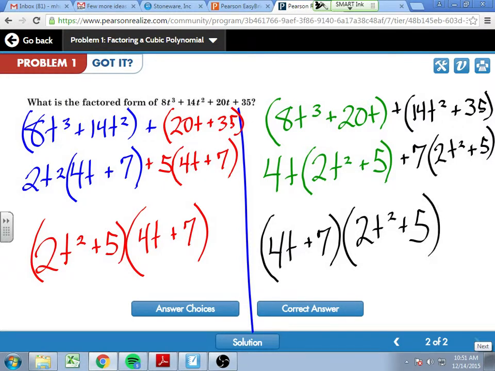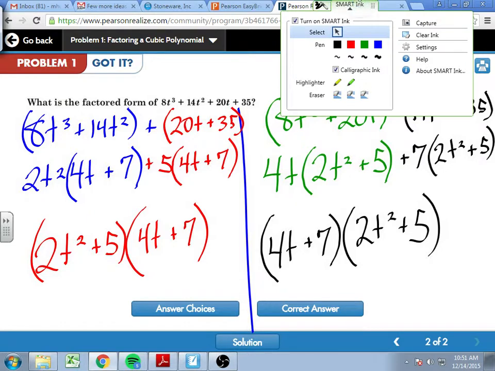And notice we get the same thing. Whichever grouping you decide to do, you get the same thing if you do your work correctly. Cool? Questions? Multiple correct ways to do these. That's Henry's.